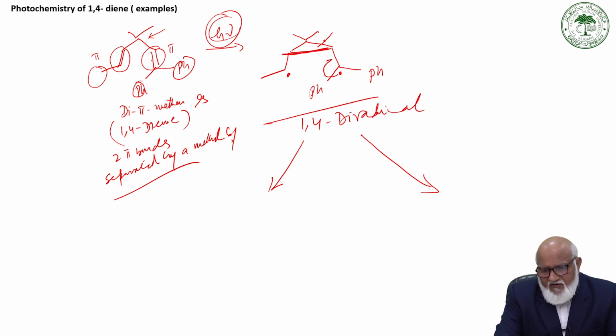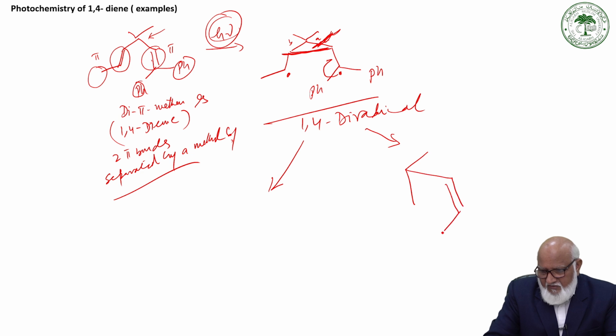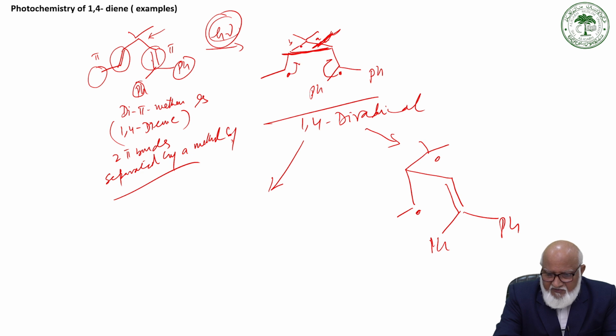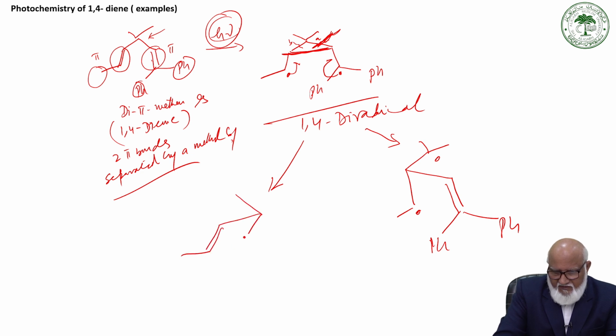So this is the old bond; say this is bond A, and this is bond B. If we cleave bond A, we end up with a double bond here and a radical, with Ph and Ph here. Then if we cleave bond B by forming a double bond, we end up with a methyl group, and this is a radical here, and then this is a phenyl group.